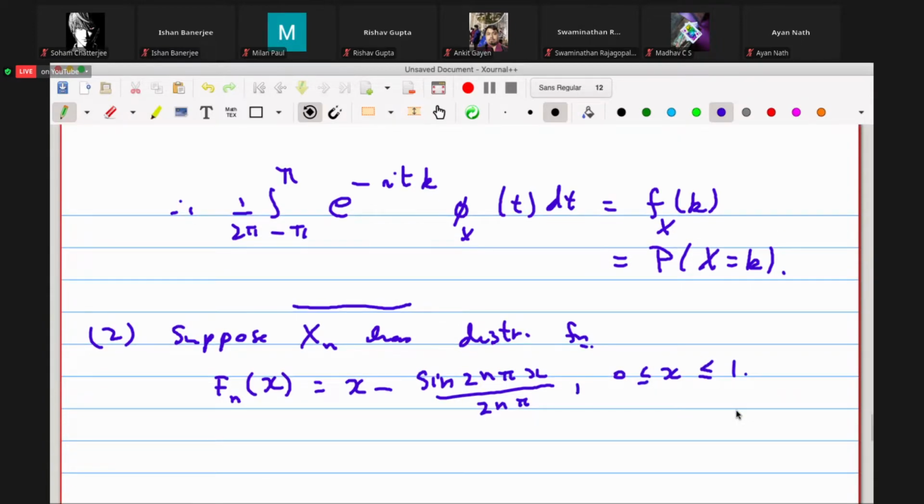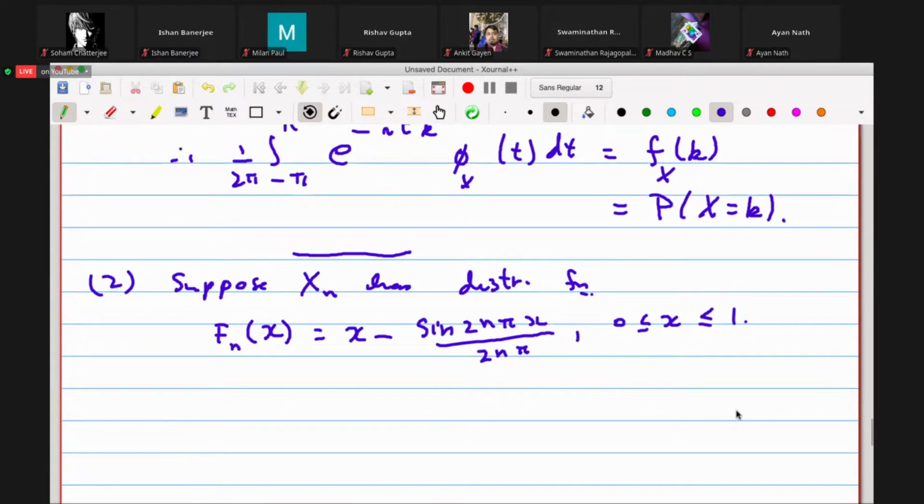Take this, and you have to check that this is indeed a distribution function. So, put x equals 1. First of all, you have to know that this is always bigger than or equal to 0.